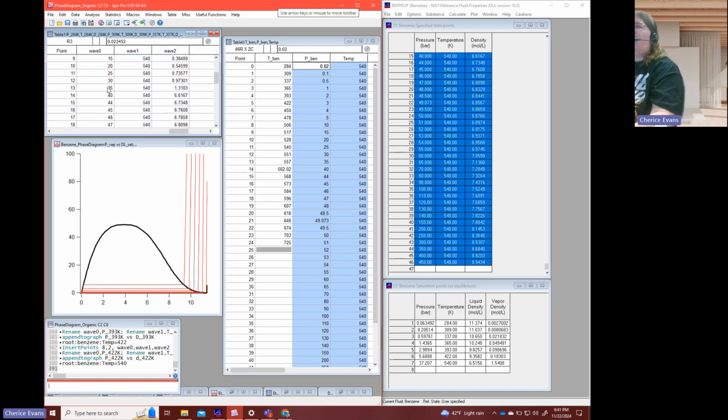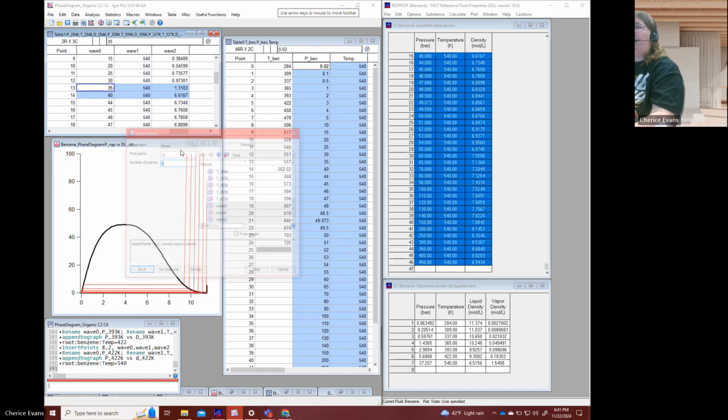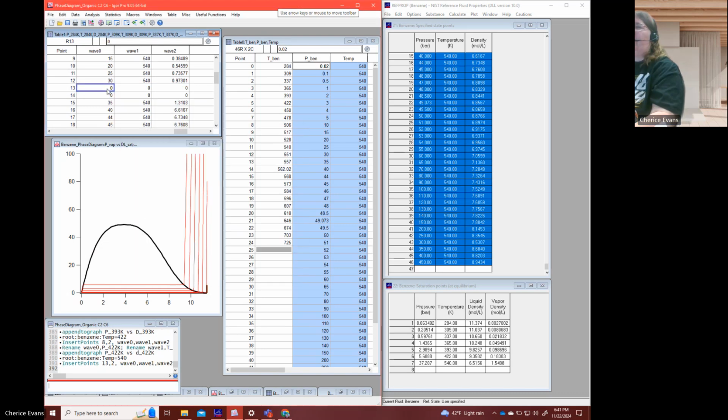So now the density change is all the way down here. So I am at, oops, I put the points in the wrong spot. I need to delete those points and add them to there.